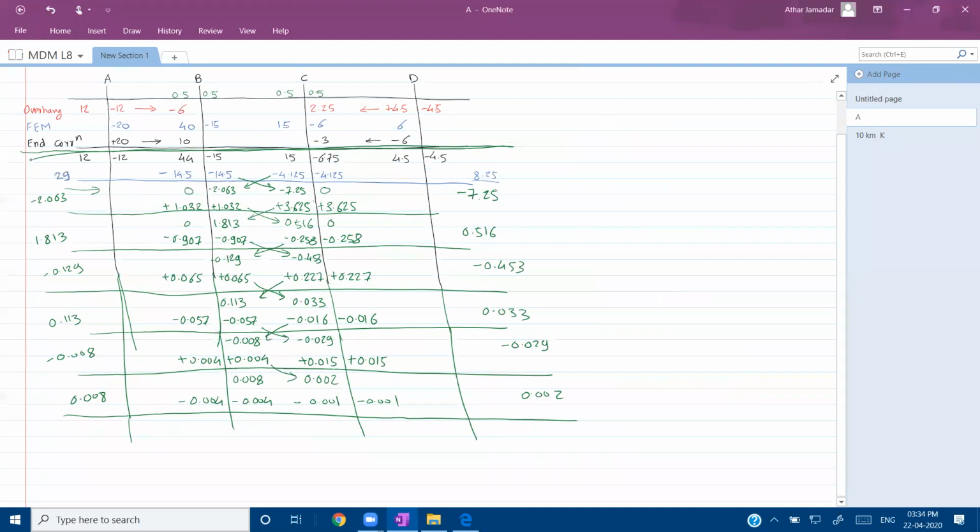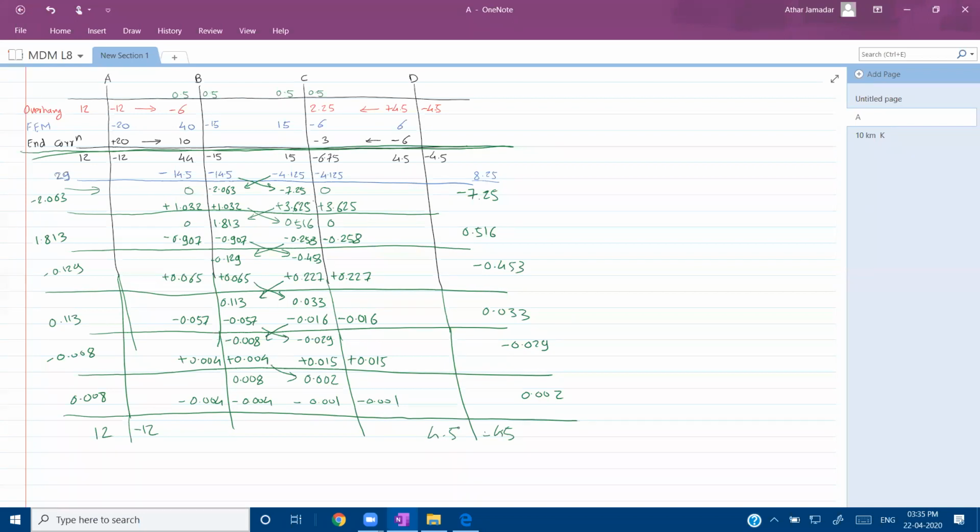That means MAB is going to be here minus 12 because there is no any carryover there. MAE is plus 12. So these two supports are already balanced. So minus 4.5 and plus 4.5 for MBC and MBF. Only remaining moments we have to calculate.